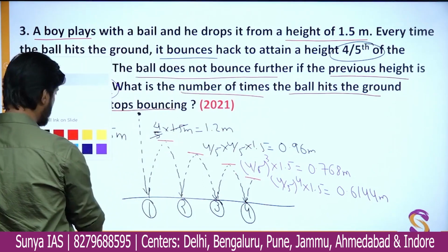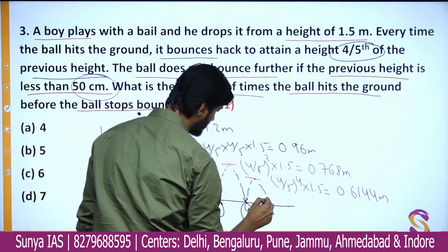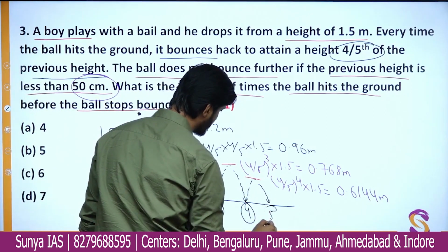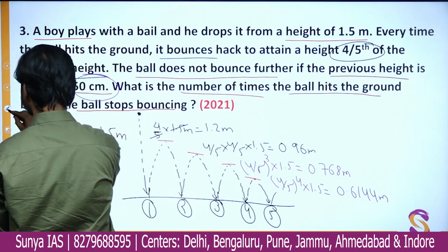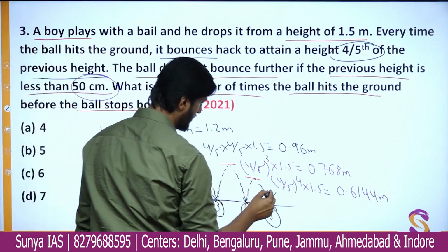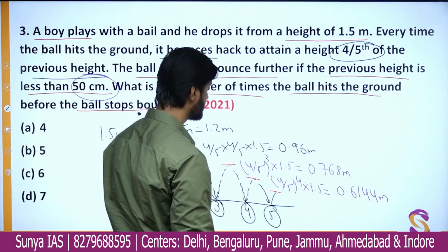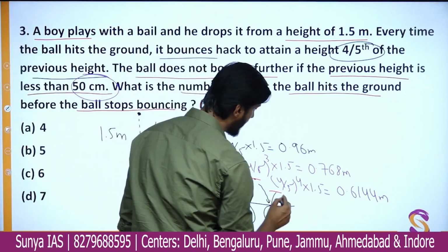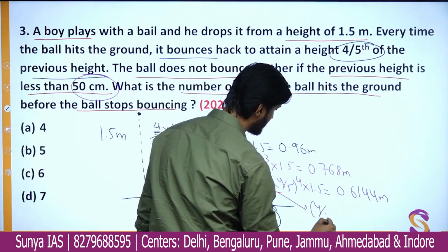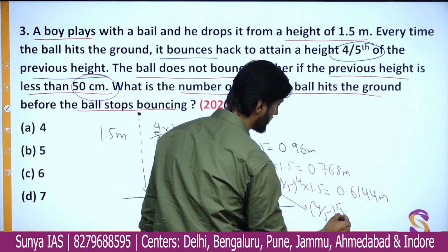So now this time it hits the ground again for the fifth time and again bounces back. And now the last time it will reach this height. Here you can see when it will reach this height, the new height will be simply (4/5)^5 into 1.5.